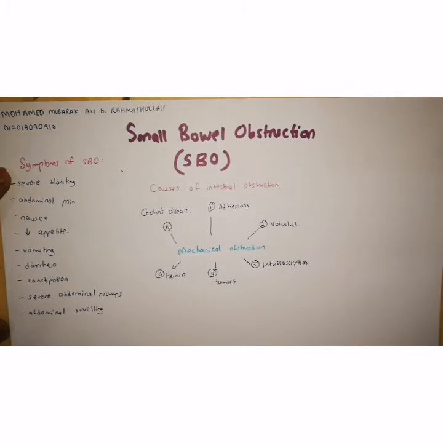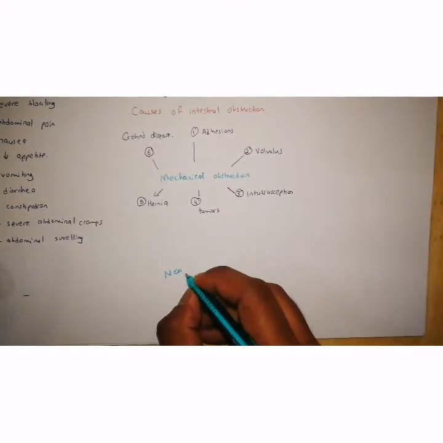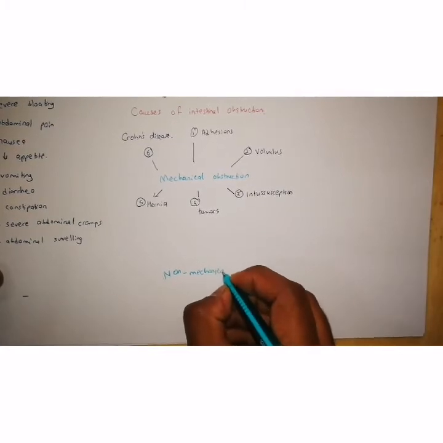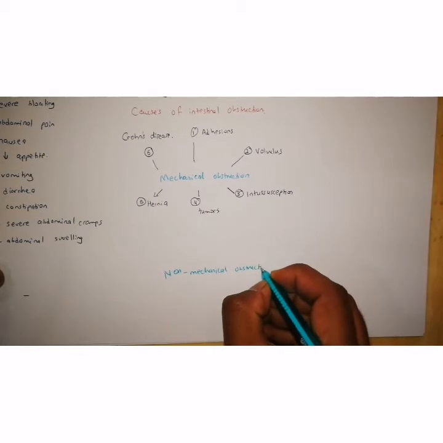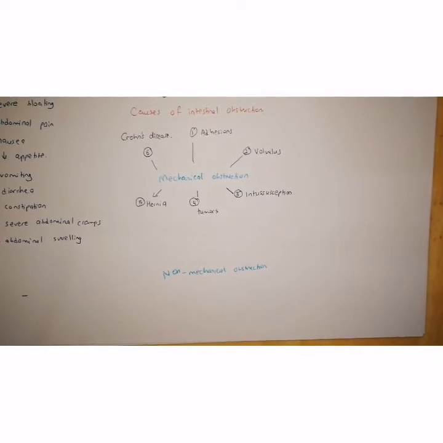Next, we'll take a look at non-mechanical obstruction. We have looked at mechanical obstruction, now we'll look at non-mechanical obstruction. Basically, your small intestines normally work in a coordinated system of movement.